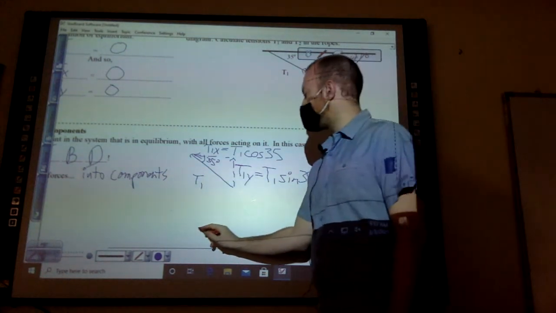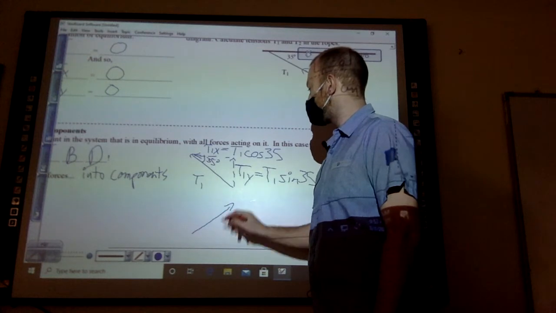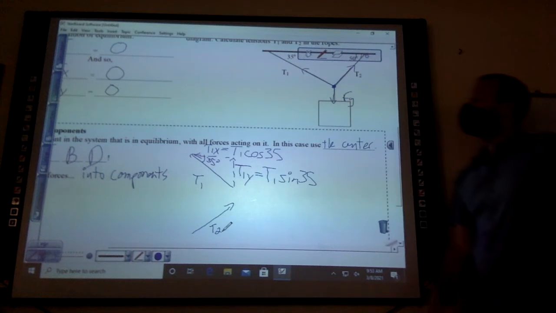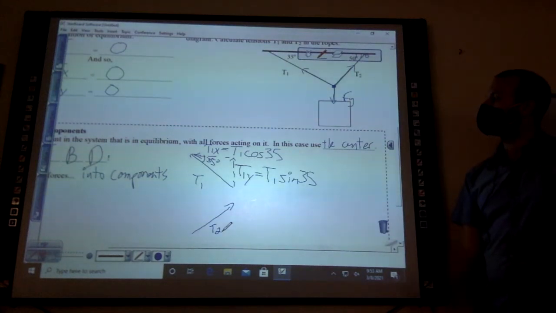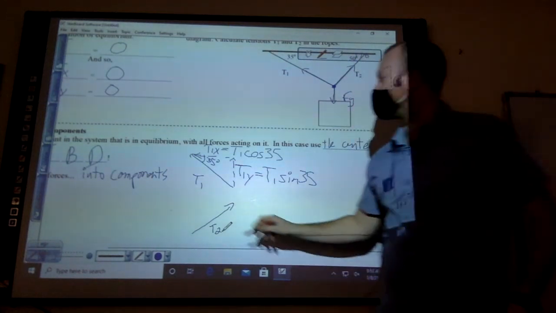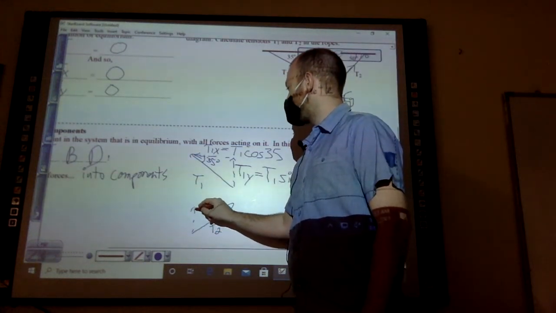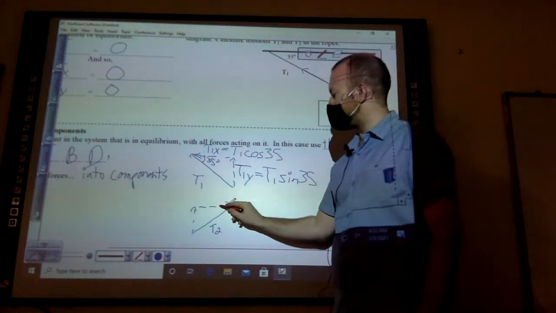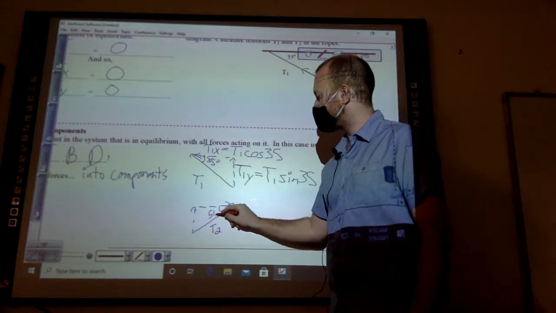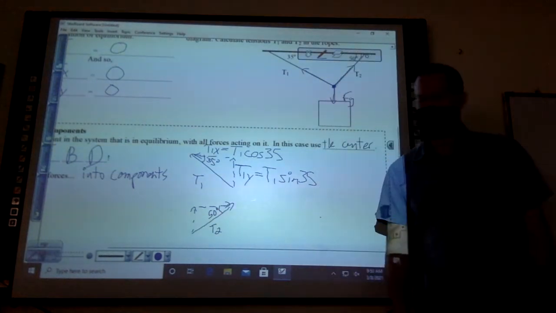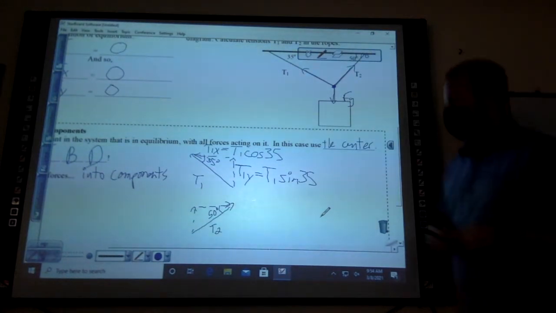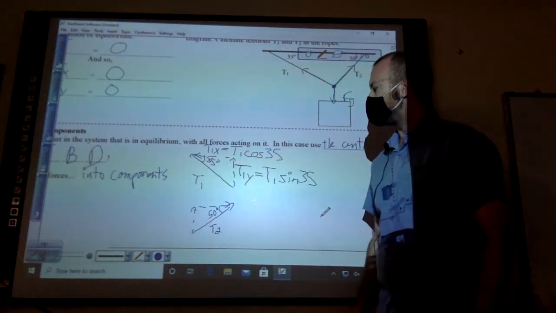So next, let's do T2. So there's T2. Again, I'm strategically picking how to draw the triangle so it fits with this angle I have up here. So I'm going to draw it out like this, so that my 50 degrees is up at the top. So there's my triangle. Then, again, we're going to just split this up.